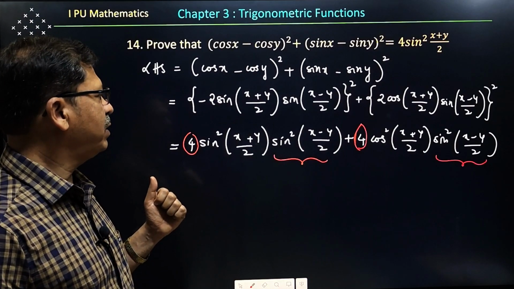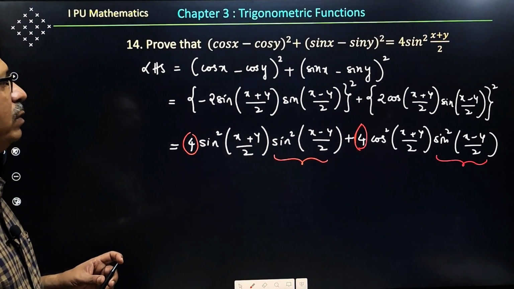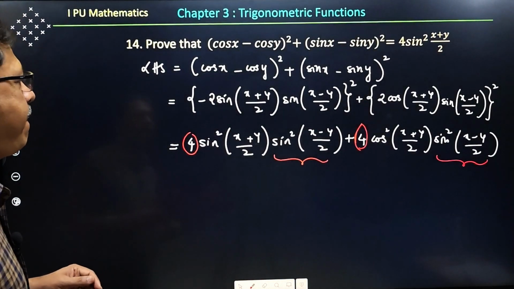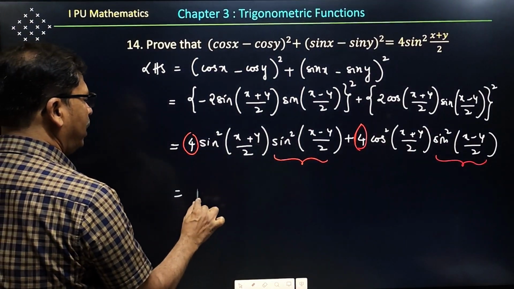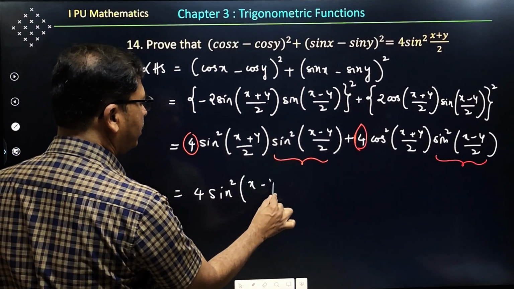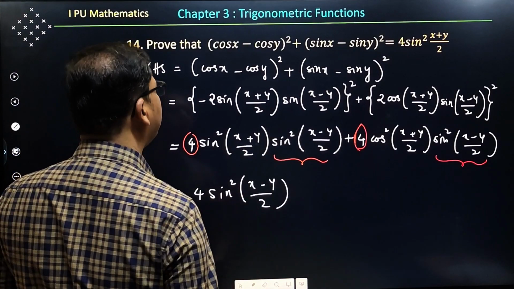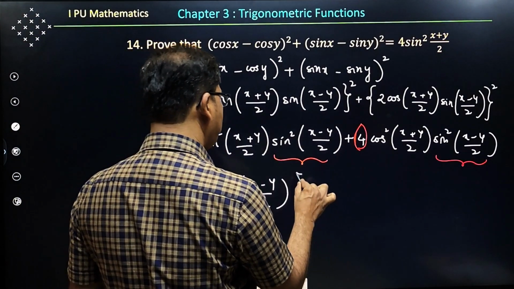Sine square of x minus y by 2. By taking that sine square of x minus y by 2, what it will be? This is equal to 4 times sine square of x minus y divided by 2. If you take, remains what?